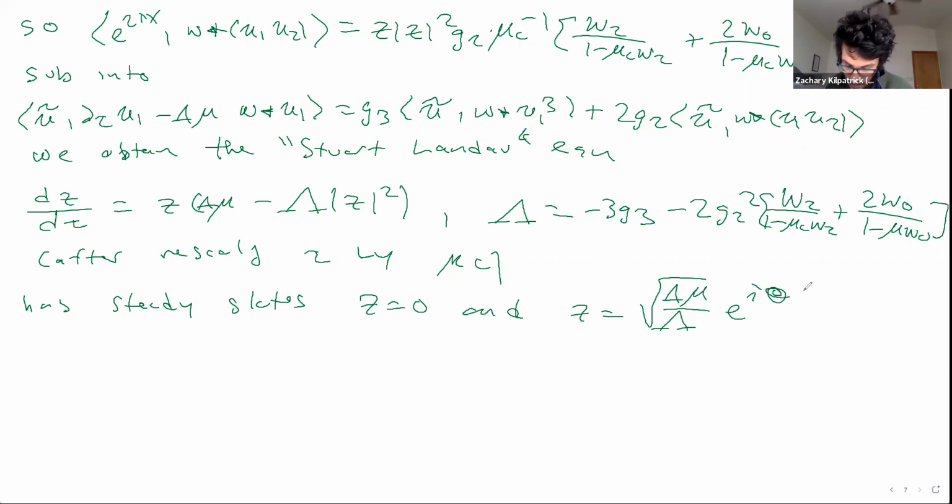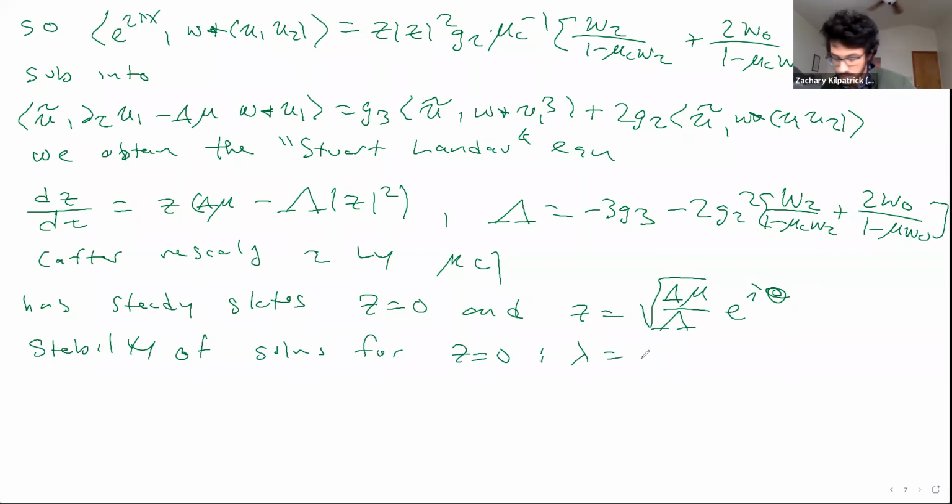And the stability of solutions for z equals 0 is lambda equals delta mu. That should be no surprise. So it's unstable if delta mu is positive, which means we pushed ourselves past the bifurcation point. Okay.